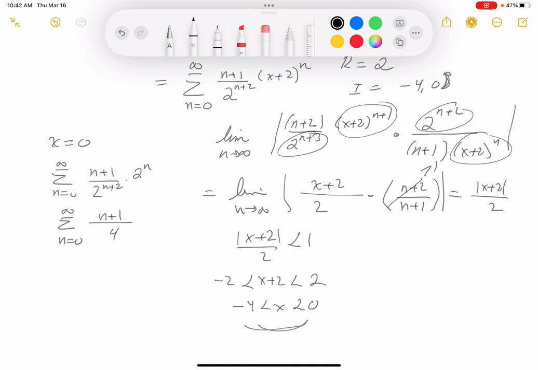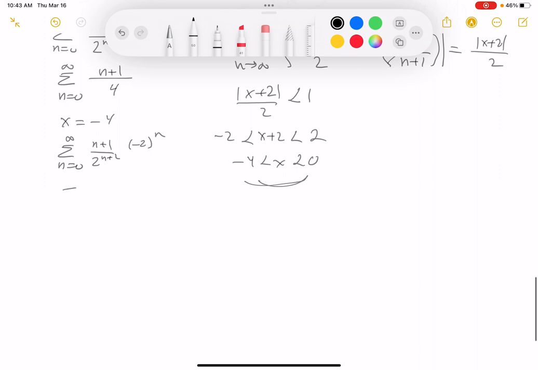Let's try the minus 4. What do you get over there? N equals 0 to infinity. And again, we're plugging it in to make sure you know what we're doing. You get n plus 1 over 2 to the n plus 2, and then you're going to get minus 2 to the n. All right, let's simplify.